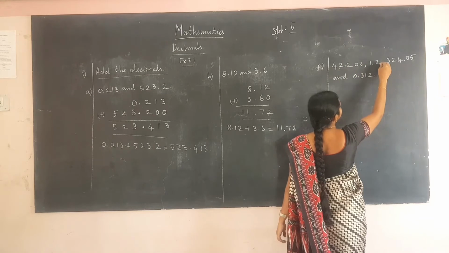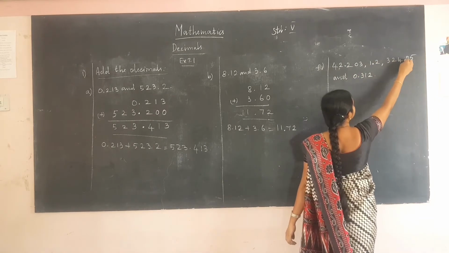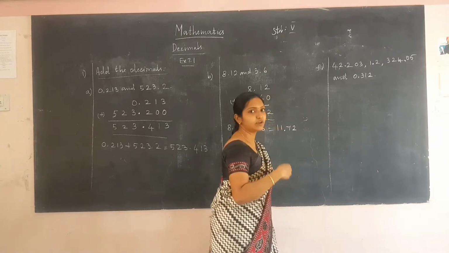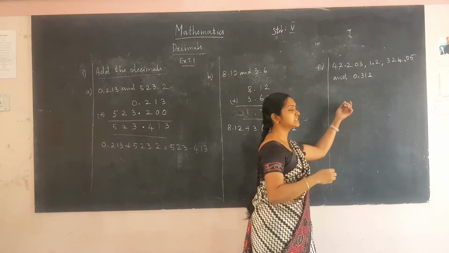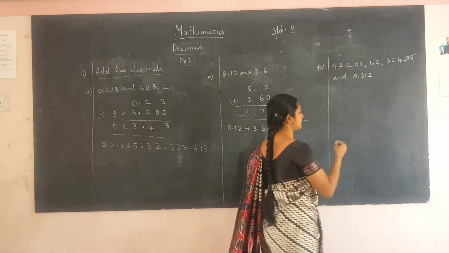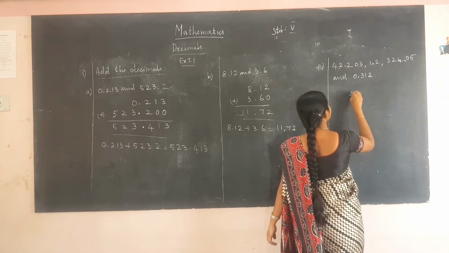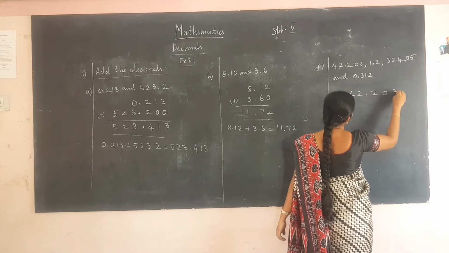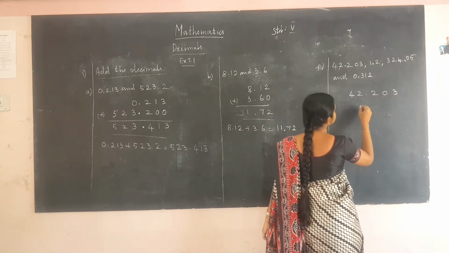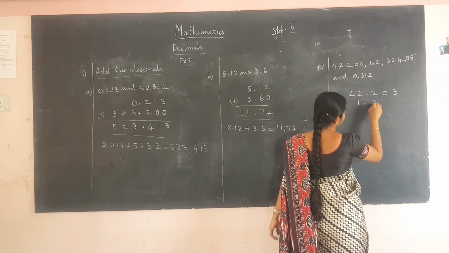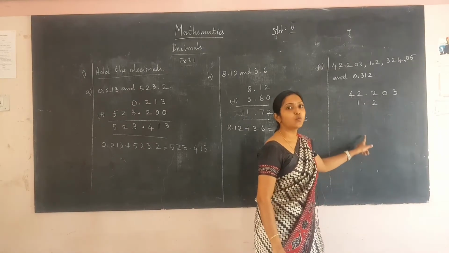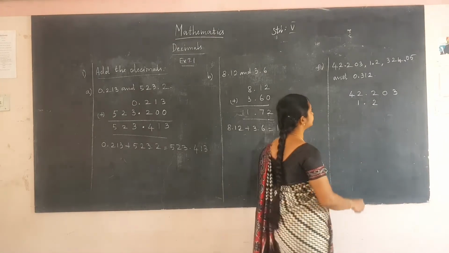First, write the given numbers one below the other so that the decimal points lie on a straight line. 42.203. Next decimal is 1.2. The decimal points should lie on a straight line while adding or subtracting.